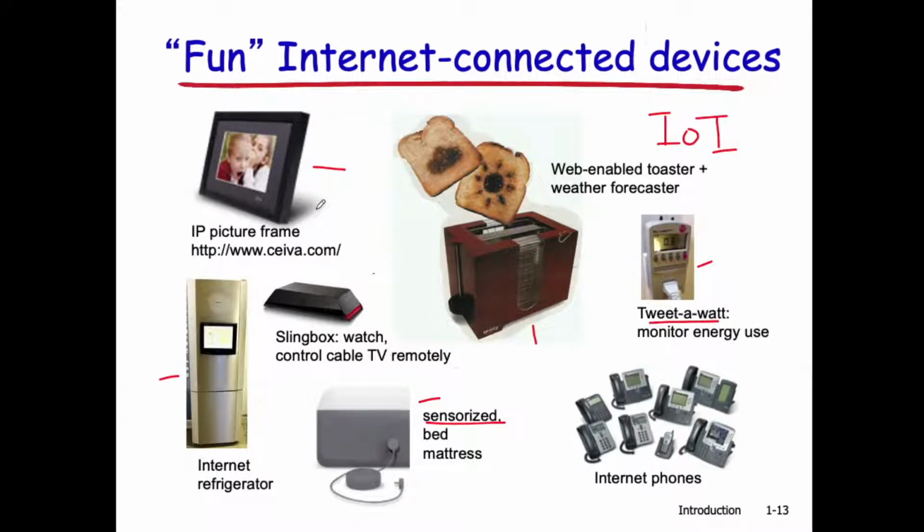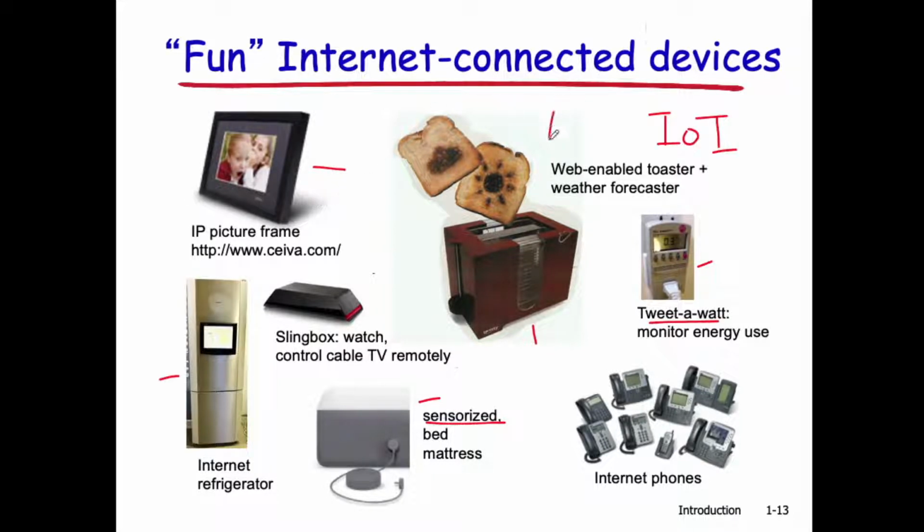Picture frame, I think this is one of the very old IoT devices. It's connected to the internet, so you can send recent pictures through these IP frames to your grandpa. You give an IP frame as a gift to your grandma, and every day she sees different pictures from you.